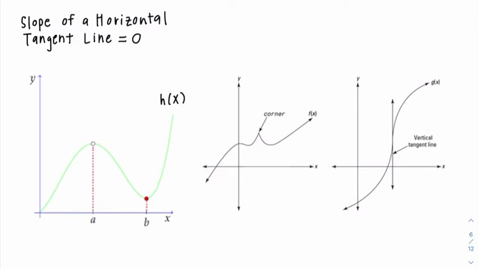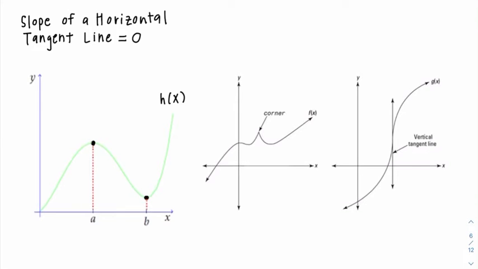Let's take a look at our first graph here. Here we can see at x equals a and at x equals b, we can draw horizontal tangent lines. We know that the slope of a horizontal tangent line is 0, and this tells us that our derivative at these points is 0, so these are critical points.